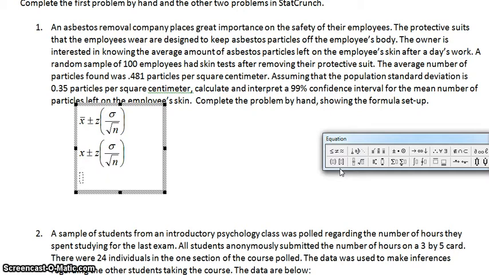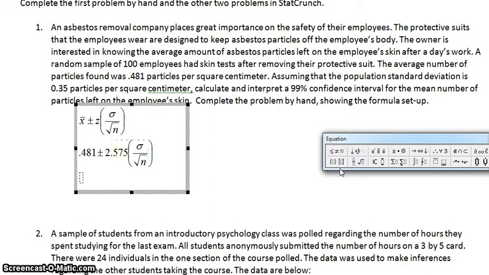So X bar is 0.481, and this is a 99% confidence interval, so the value is 2.575. And if you remember, that's the value that if you take the negative of it and the positive of it, there's 99% between those.